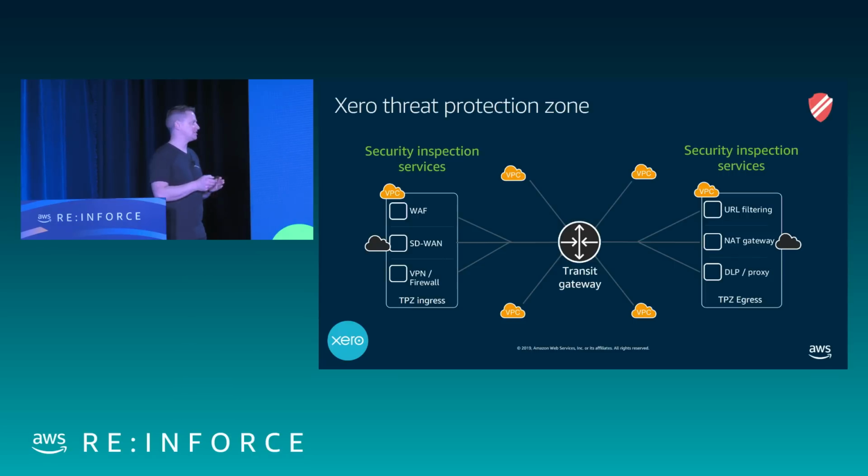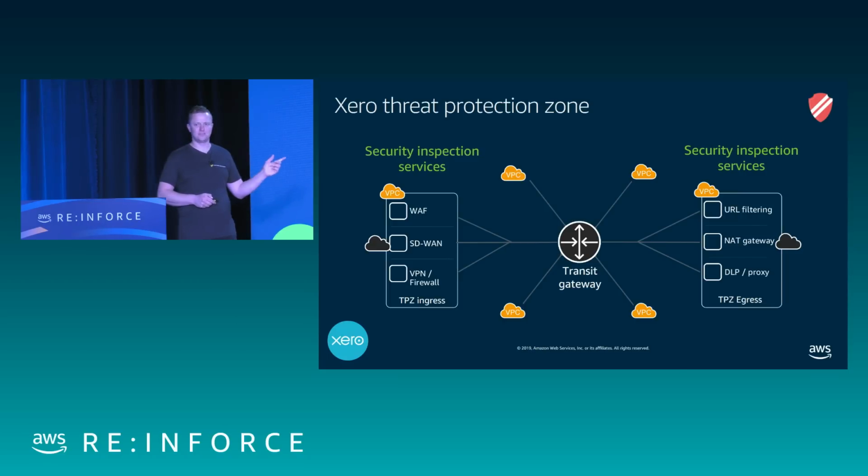So you can centralize the web application firewall, VPN, and a software-defined WAN in a centralized account and use the Transit Gateway to share it across multiple different accounts. That means those other VPCs don't need to handle the traffic directly. They only allow traffic from this security ingress VPC.